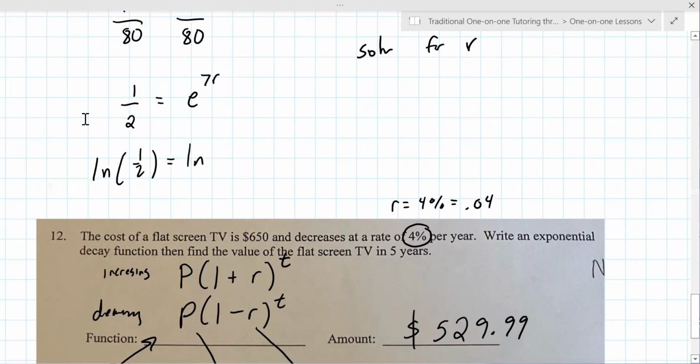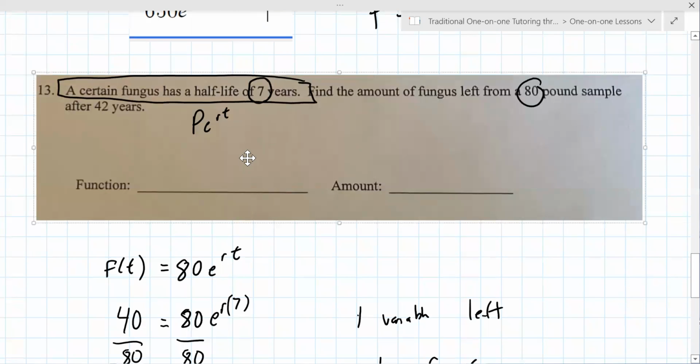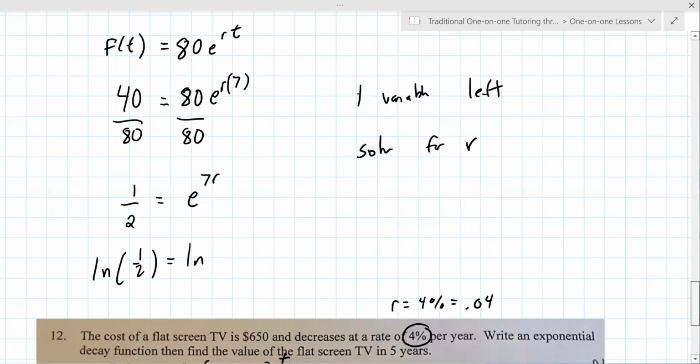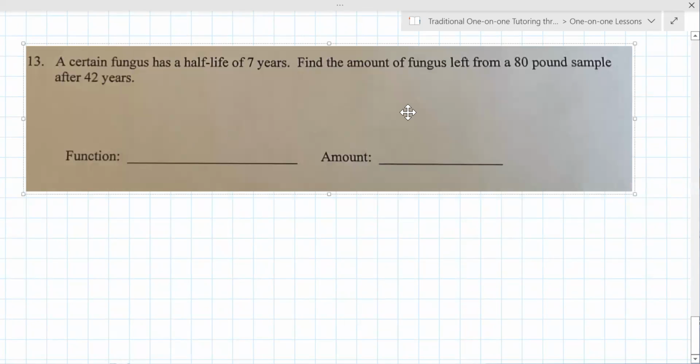Okay, so let's redo 13. The same thing applies here. If it's growth or decay, it's 1 plus R or 1 minus R. So whenever it's half-life you want to think of it as decay, or decreasing.